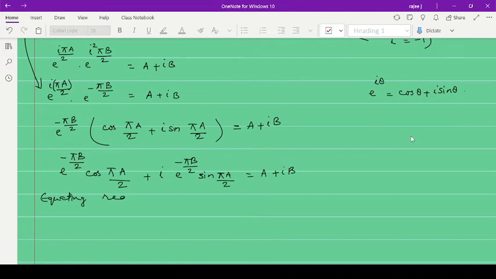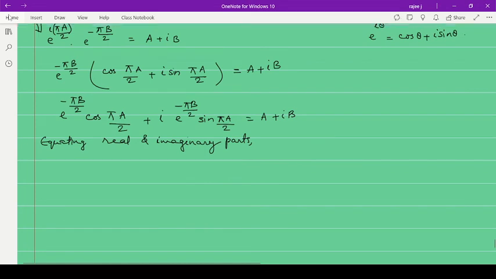Equating real and imaginary parts means you have to look for a and b.